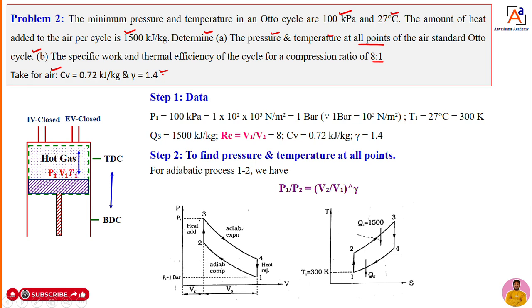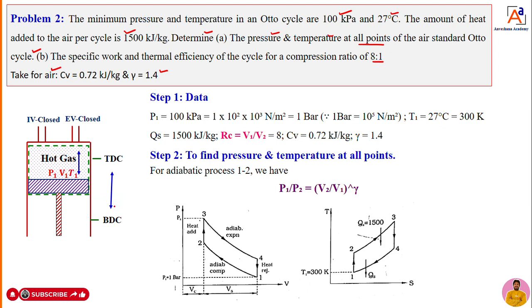This is one problem of what? Otto cycle. Dear students, when it comes to Otto cycle, it's an engine. When it comes to engine, piston and cylinder arrangements play a very important role. When the piston moves from BDC to TDC, compression; when it moves from TDC to BDC, expansion. Because of these two, we get the work done.